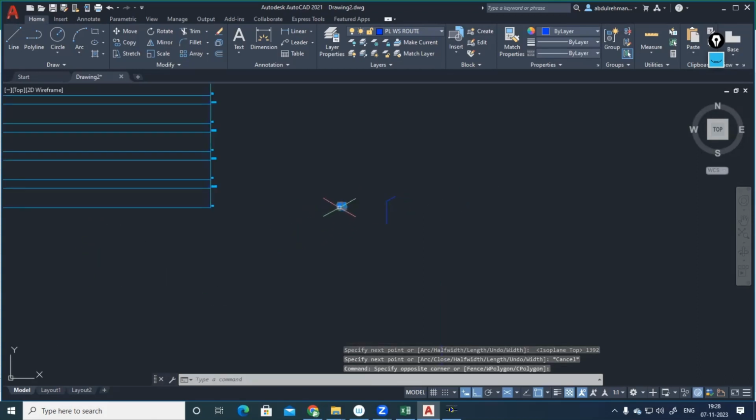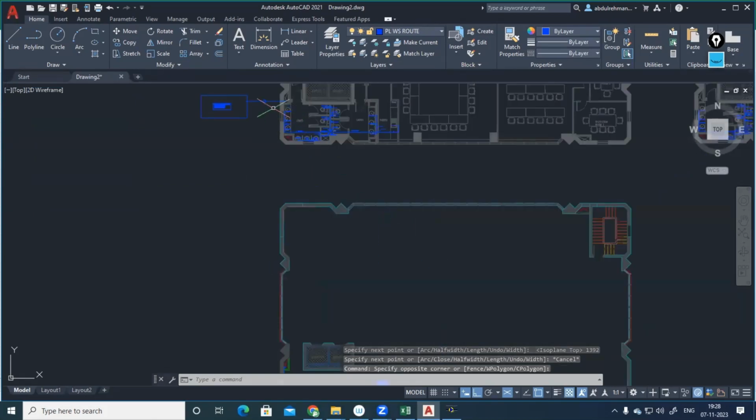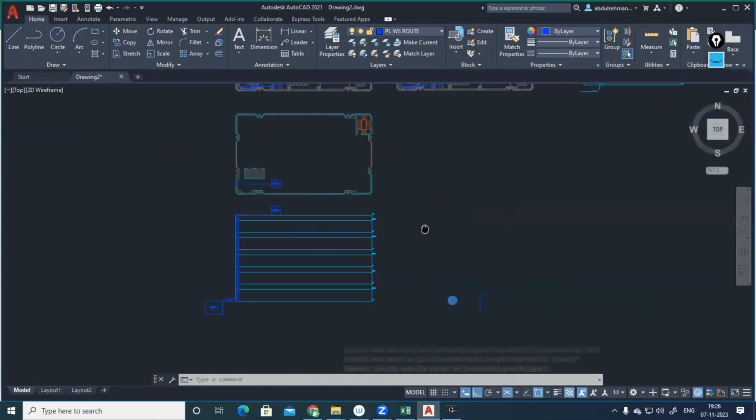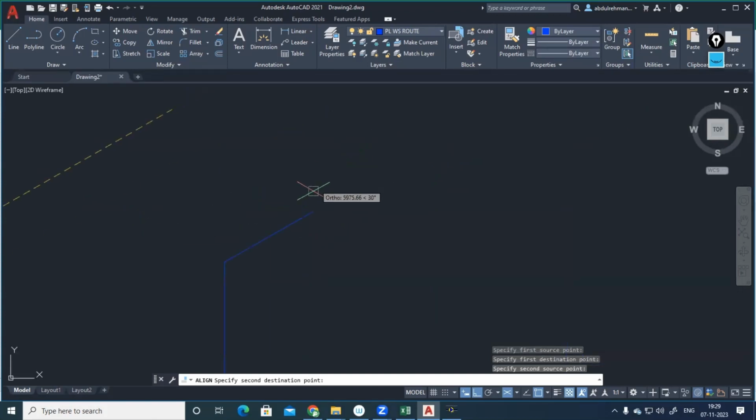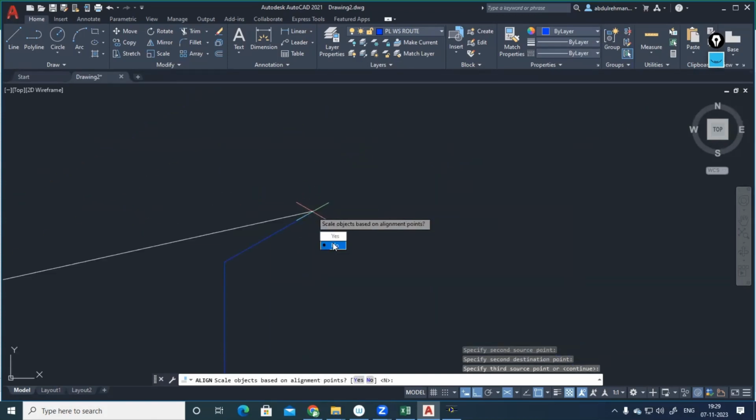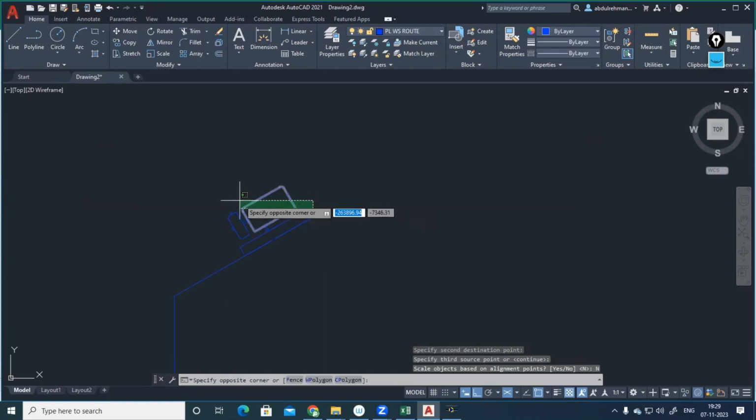Pump, it is not mandatory to use this one. You can use this as well. Just the representation we need. Or I will align this one. Align: first source point, first destination point, second source point, second destination point, enter. Okay, this is my pump.